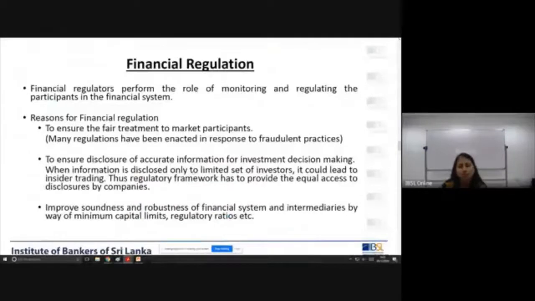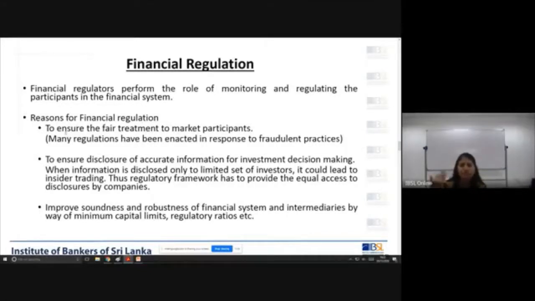Then we move to financial regulation. Financial regulation, as I told you, is a primary component when it comes to the financial system. Why do we need regulation? You have three reasons for that.